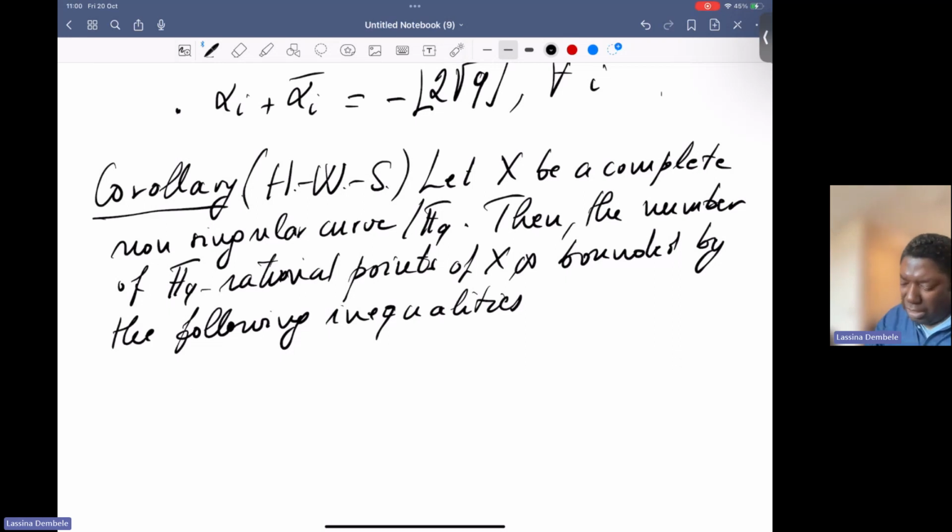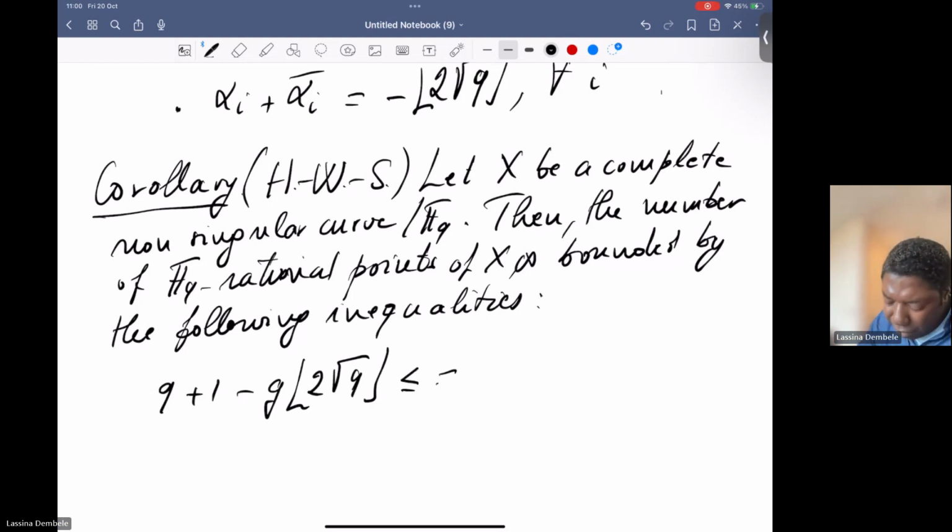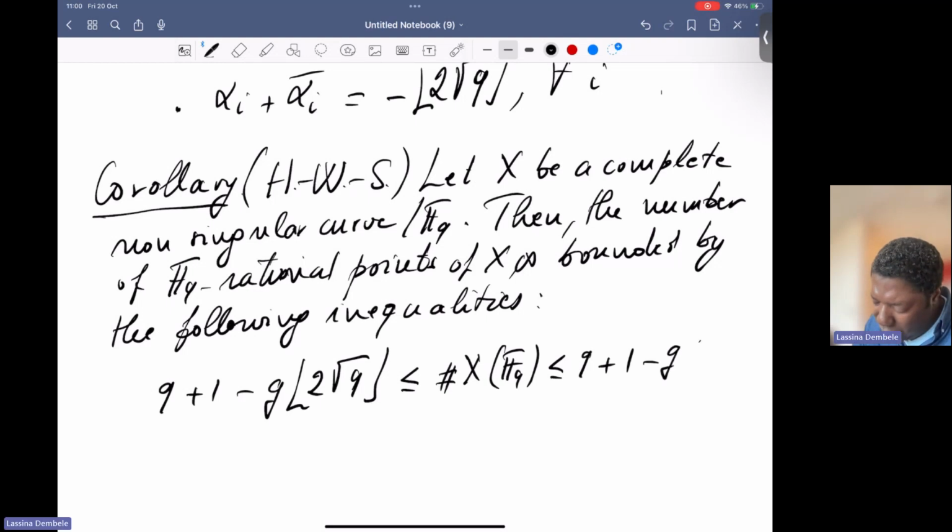And what are those inequalities? You take q plus 1 and then you subtract g times the floor of 2 square root q. This is less than or equal to the number of Fq-rational points on X, which is less than or equal to q plus 1 plus g times the floor of 2 square root q.